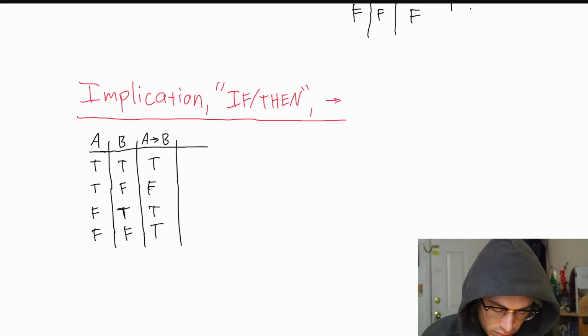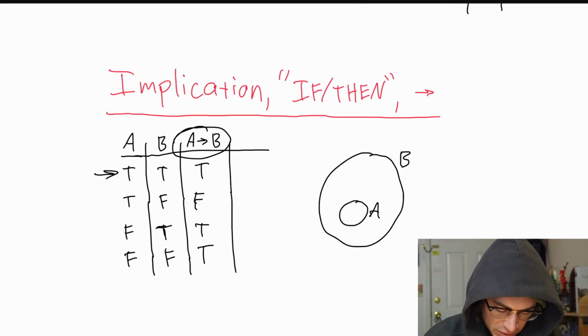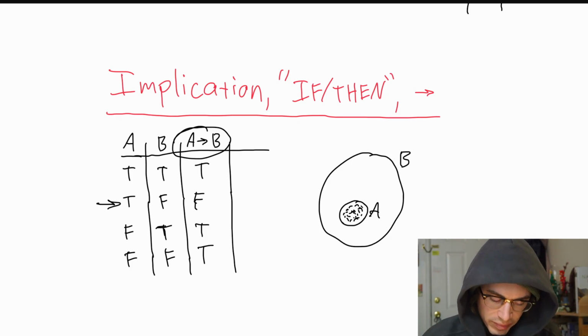So you can think about this as you have a circle, which is B, and inside of it is A. So think about this first one. A is true, so we're inside A, and B is true. Well, if we're inside A here, we're clearly inside B. So A is true and B is true. However, if you look at the next one, again, A is true, so we are inside of A, but B is false.